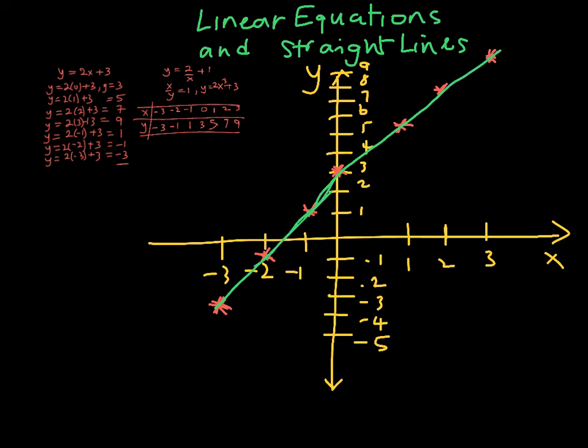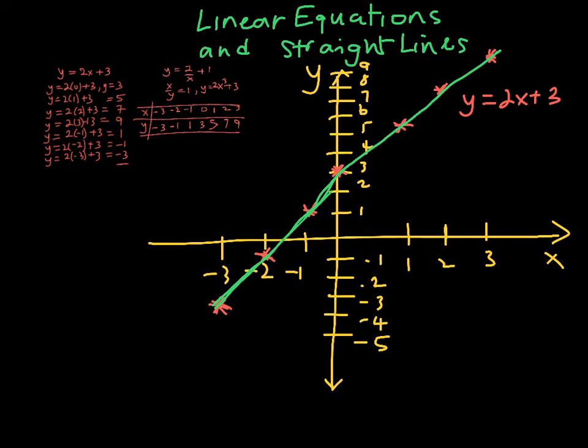Well, that's freehand, so it's not as straight as it should be, but if you draw a real straight line, it's going to be a straight line. So what we have here is the equation of a straight line, which is y is equal to 2x plus 3. Okay, y is equal to 2x plus 3.